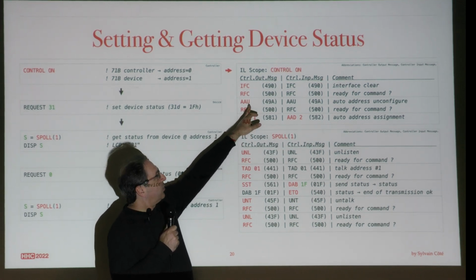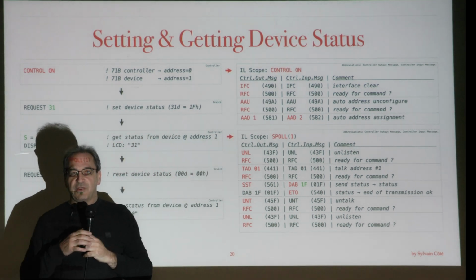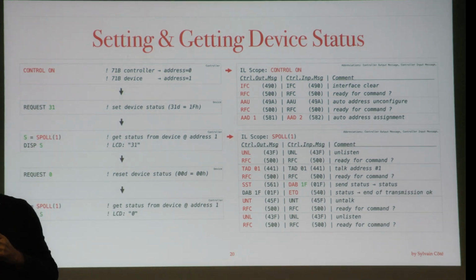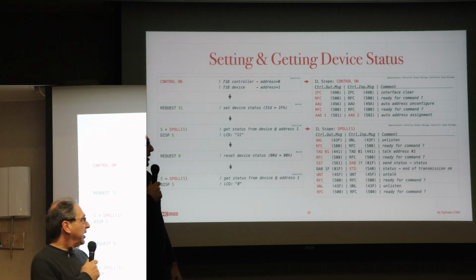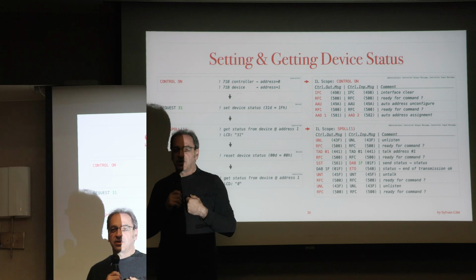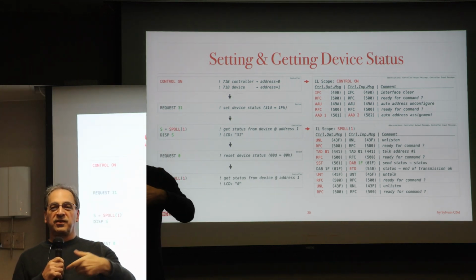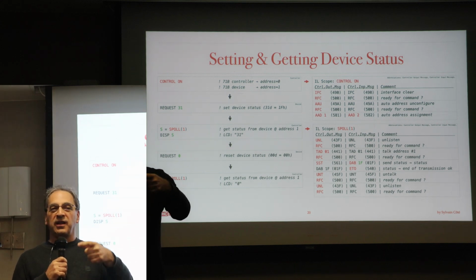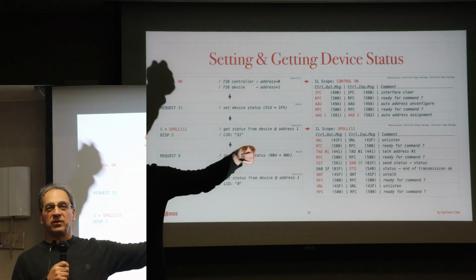It's coming back to the controller, and then it's going to send auto address and configure. This is a message to all devices, and when a device receives that, it puts its address to 31, saying I'm not in the loop. Then it's going to start the addressing. The controller is going to address itself to 0, and it's going to send a command with address 1, and each device that can be addressed will take that address, add 1, and so on.